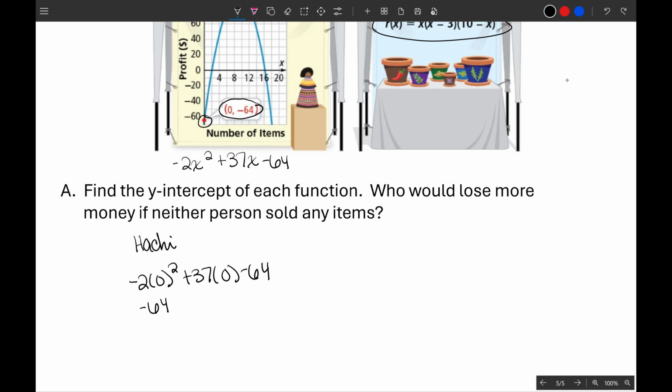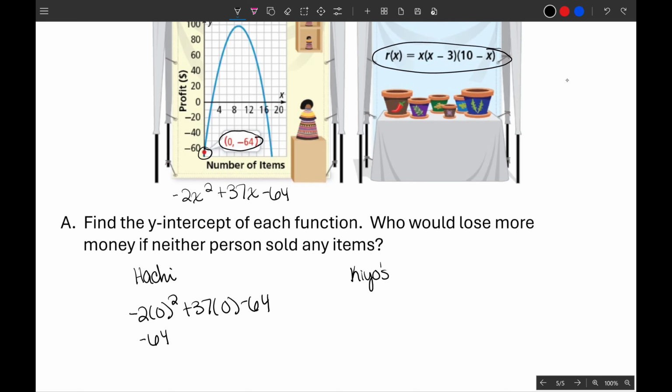All right, let's talk about Kaio. So for Kaio, I've got 0 times 0 minus 3 times 10 minus 0, which gives me 0. I just plugged 0 into the equation that represents the profit for Kaio. So when I plug in 0 for x, I get $0.